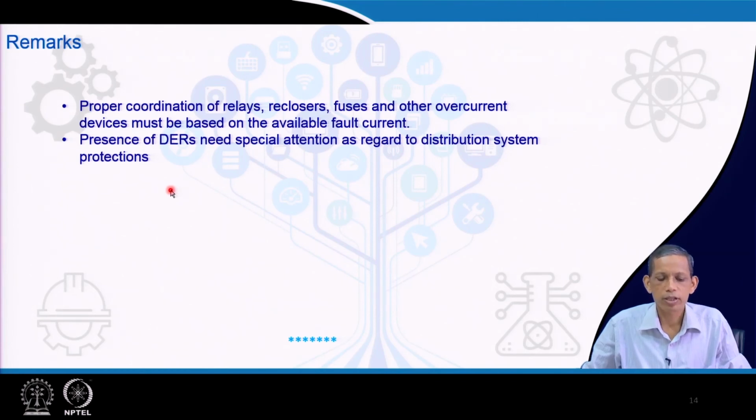The presence of DERs needs special attention with regard to distribution system protection, and in particular, with more and more DERs being integrated into the systems and the level of penetration increasing day by day, the protection schemes are under scrutiny, and alternative solutions may be required. Thank you.